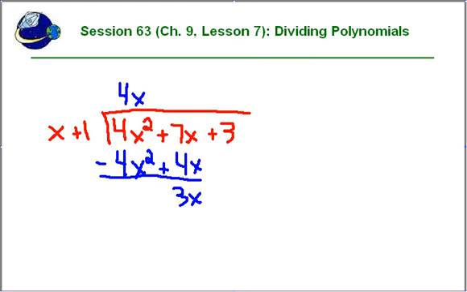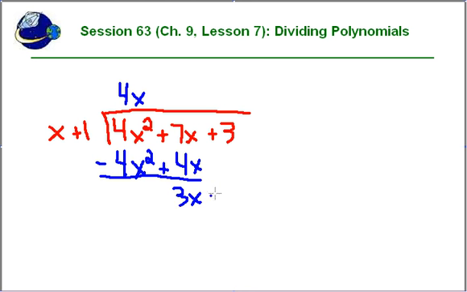There's nothing there. 0 is the same thing as nothing. At this point, we have now done our first part, our multiplication. We've then performed our subtraction, and what we're left with is 3x.